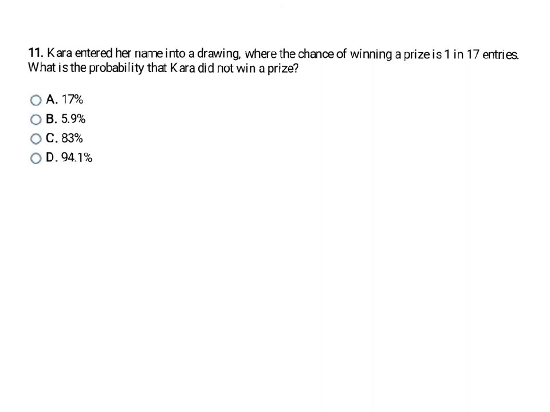This last problem is one of the few where the probability is expressed as a percent. So Kara entered her name into a drawing where the chance of winning a prize is 1 in 17 entries. What is the probability that Kara did not win the prize? So she has a 1 over 17 chance of winning.